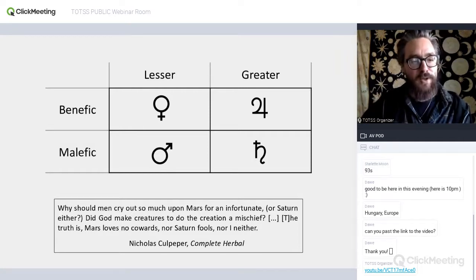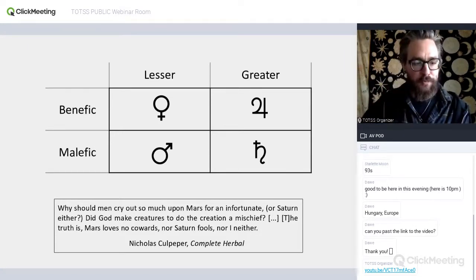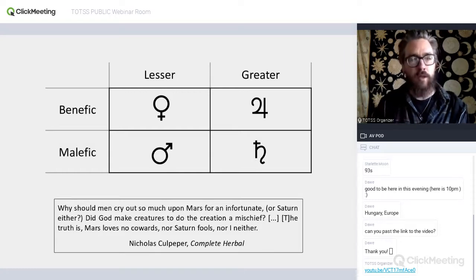Anyways, Culpeper says, talking about the plant wormwood, which he attributes to Mars, "Why should men cry out so much upon Mars for an unfortunate?" Unfortunate is like an Elizabethan term for malefic. "Why should men cry out so much upon Mars for an unfortunate, or Saturn either? Did God make creatures to do the creation mischief?" So he's obviously phrasing this in monotheistic terms, but we don't need to.